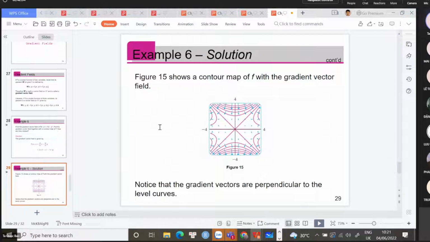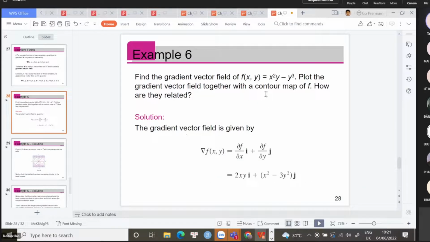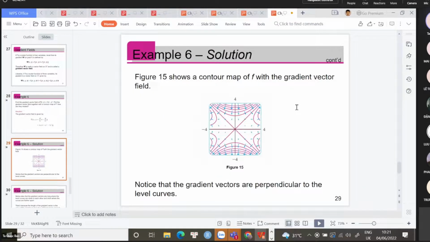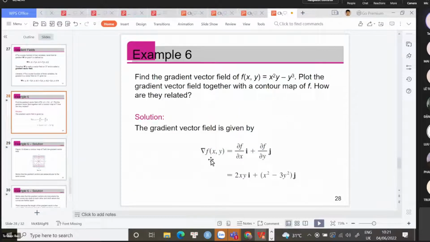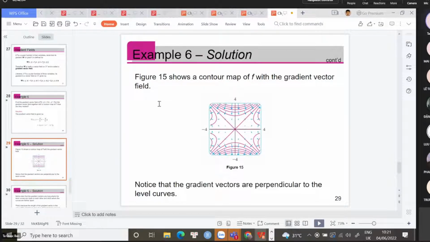So now we have these curves. This is a contour map of f, and the blue arrows are the gradient vector field.